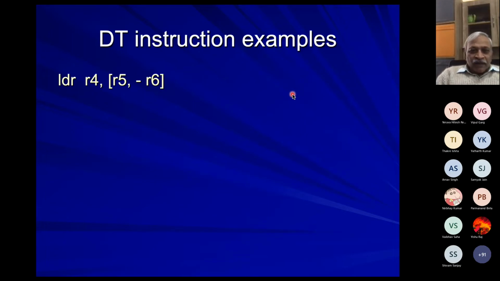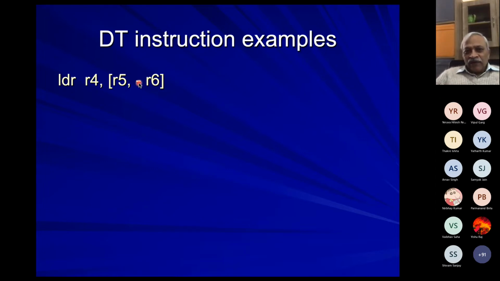Yes, sir. So if you write LDR R4, R5, and with the offset part you put a minus sign. It could be a register, it could be a constant. If you put a minus sign, then the assembler will encode this instruction, putting a suitable value in the U field.